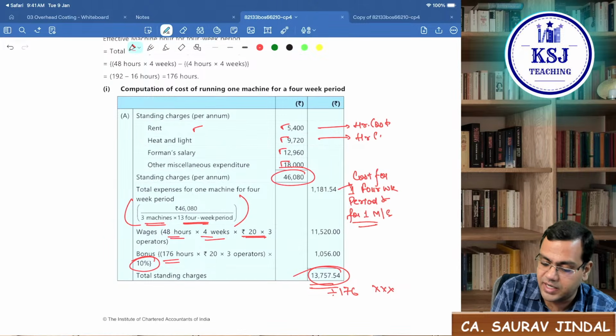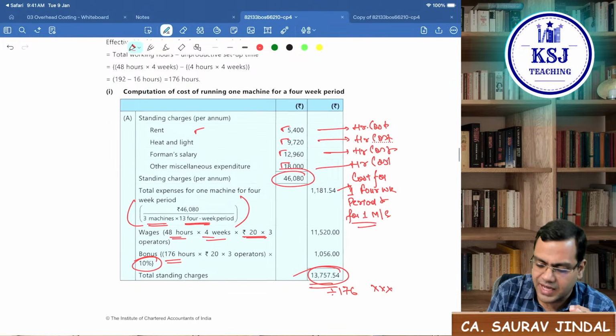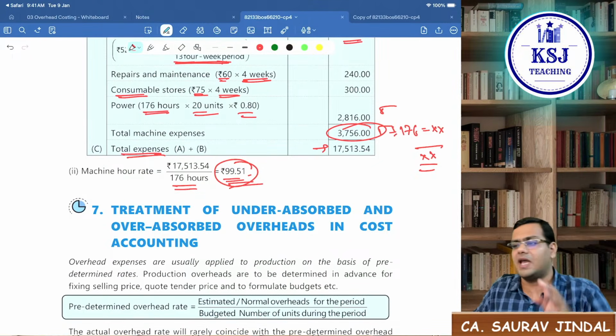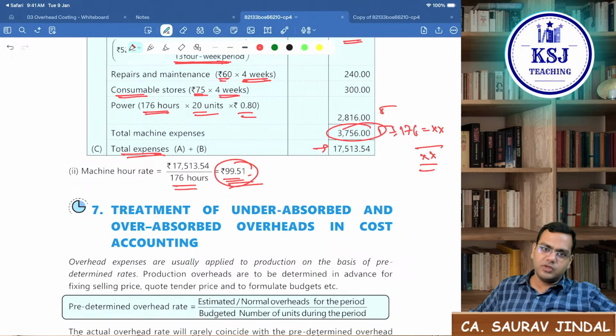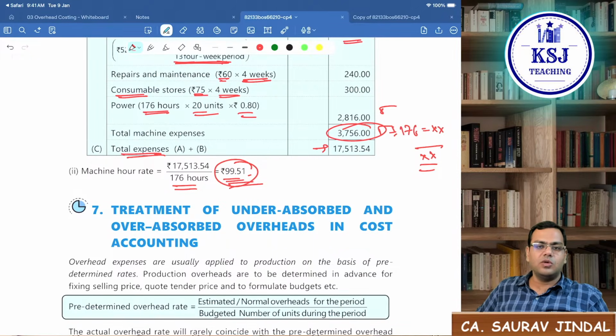Here you will calculate hourly cost, here again hourly cost, and again here hourly cost. So no issues with regard to that. Either you calculate the total cost then divide it by the effective machine hours, or you calculate the hourly cost for each and every cost. Both ways correct. No hard and fast rule with regard to this kind of presentation.